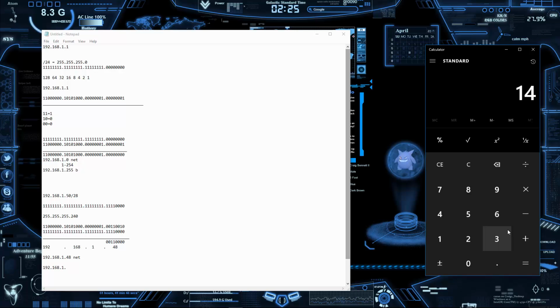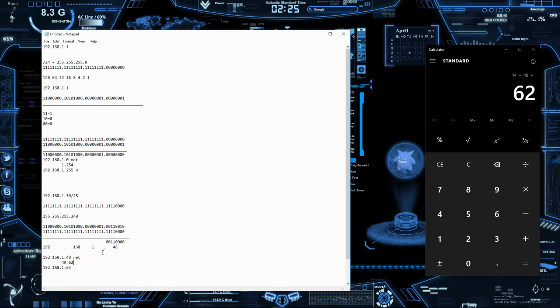Then you add 14 to whatever this net is, in this case 48, and that is 62. This is your usable host. And you just add one more, and it gives you the broadcast number. So in this case, it's 63. But we can use anything from 49 through 62.